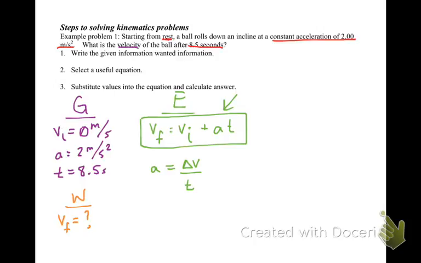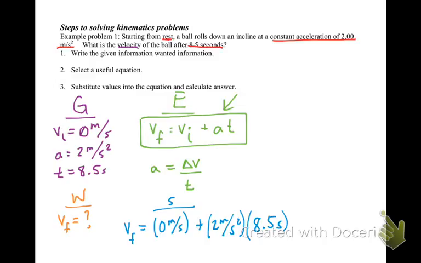Let's substitute everything in with the units. So VF equals 0 meters per second plus 2 meters per second squared times 8.5 seconds. Let's solve for our answer.